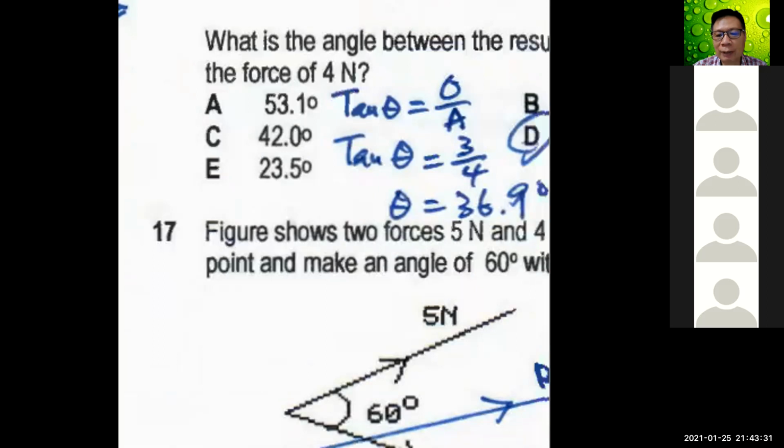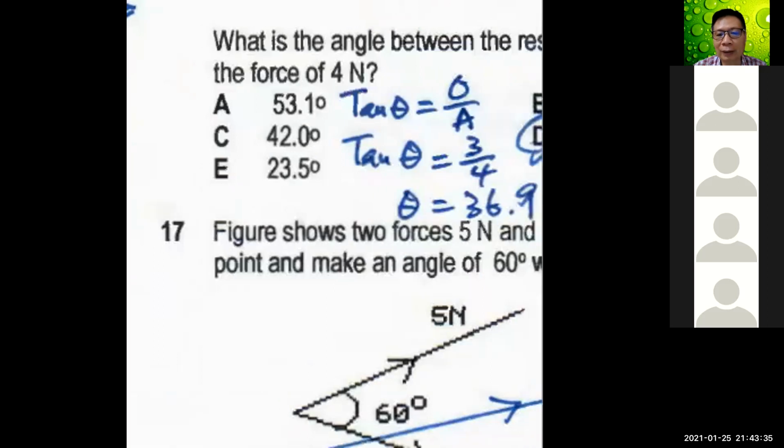So what is the answer? Anyone got it or not? Use drawing now, triangle method, okay?